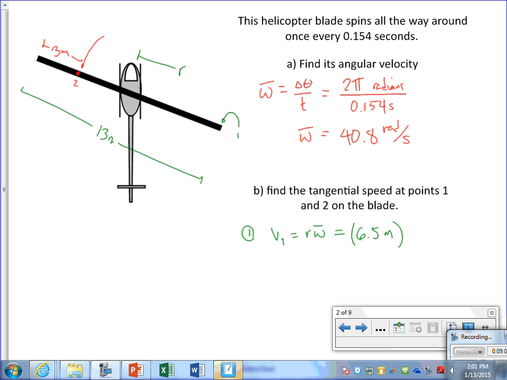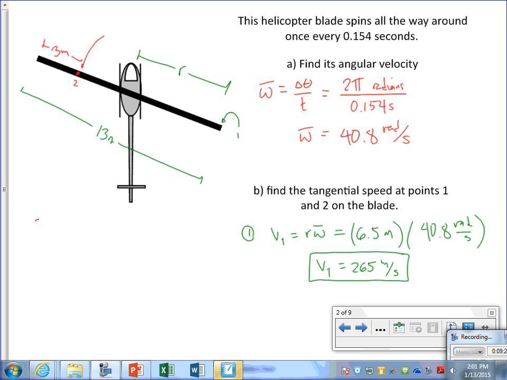Because here's R. And 40.8 radians per second. So 40.8 times 6.5, 265 meters per second.